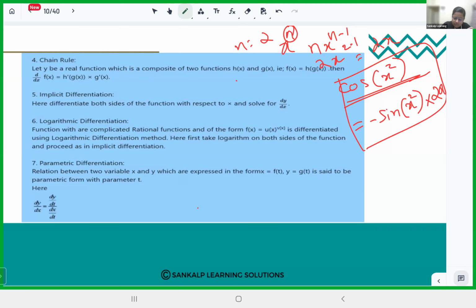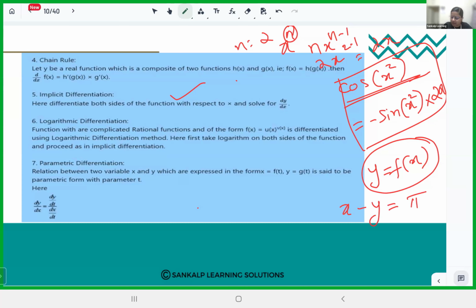Now, what do you mean by implicit differentiation? You are familiar with functions like y equal to some function in x, right? These types of functions are known as explicit functions. That is, we can represent those functions as y equal to something in the variable x. For example, consider x minus y equal to pi.